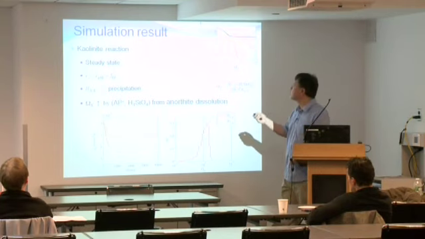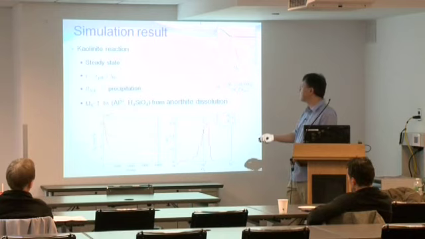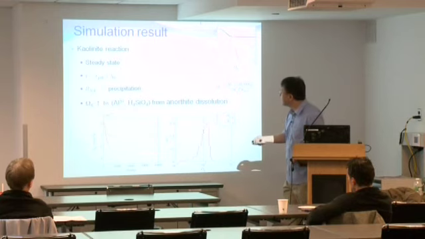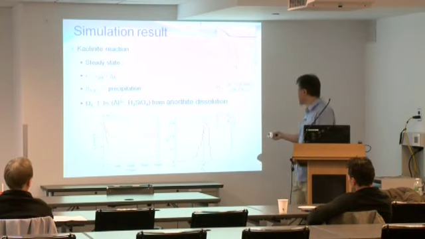And this is the simulation result of the kaolinite reaction. They decrease to a steady state. Both of these are reaction rates from the quantum scale simulation, so they have some difference.